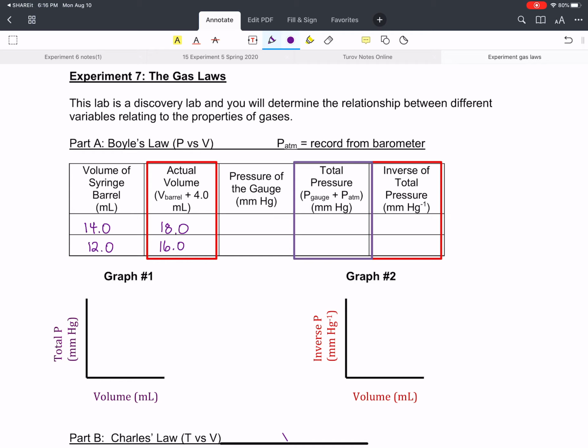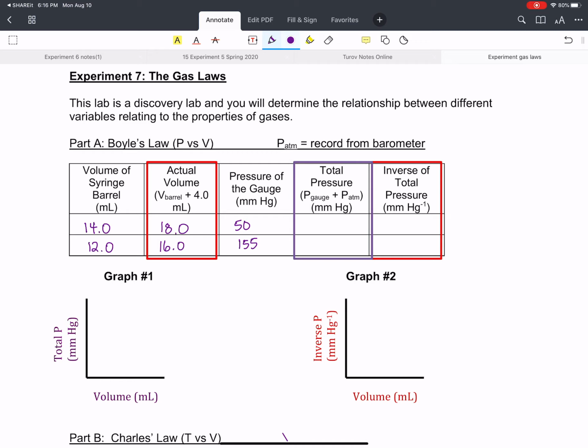At 14 milliliters, the pressure is 50 millimeters of mercury. And when the volume is 12 milliliters, the pressure is 155 millimeters of mercury. The pressure on the gauge doesn't take into account the pressure of the room, so the atmospheric pressure that's also acting on the gas.